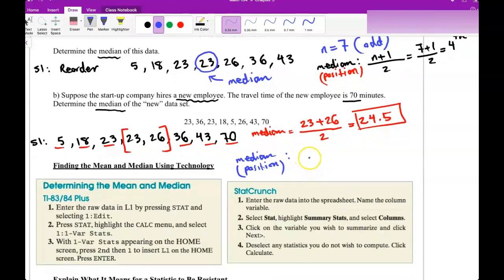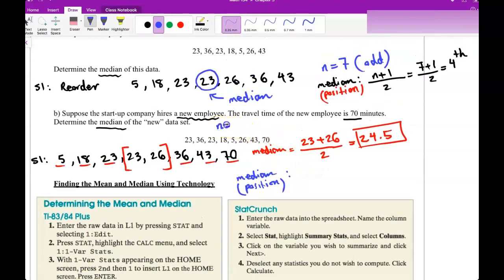Since we have even, here n is 8, and that is even, so it lies in n divided by 2, and n divided by 2 plus 1. N is 8. So this is 4th place, and here is 5th place. So it's between these two.